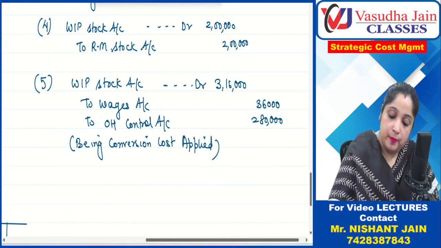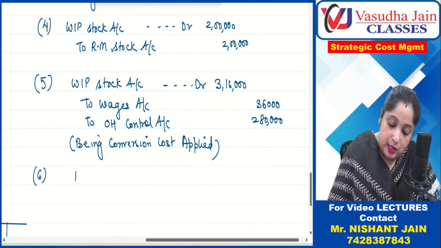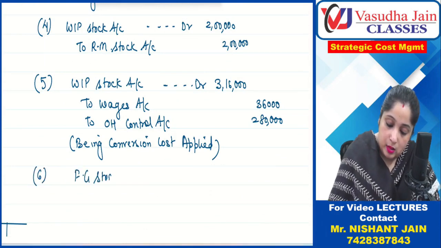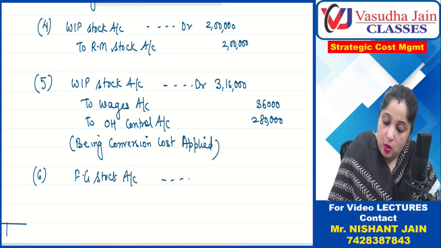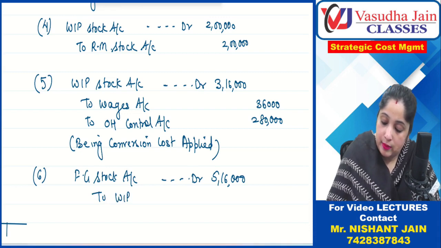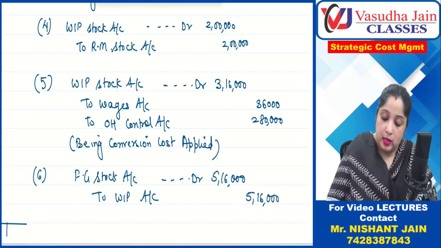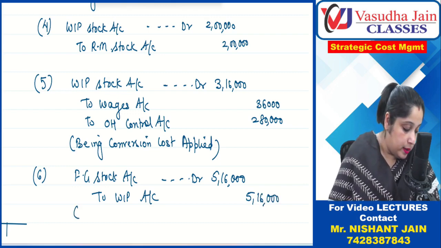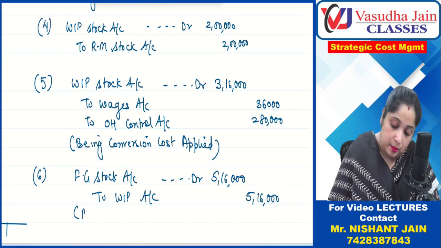So the sixth entry will be: finished goods account, the stock will increase by 5,16,000, to work in progress account 5,16,000. Then you will observe here, we can write being completion of goods.